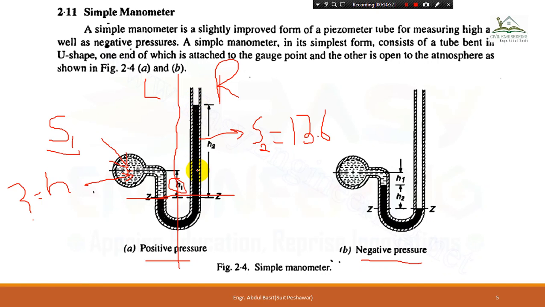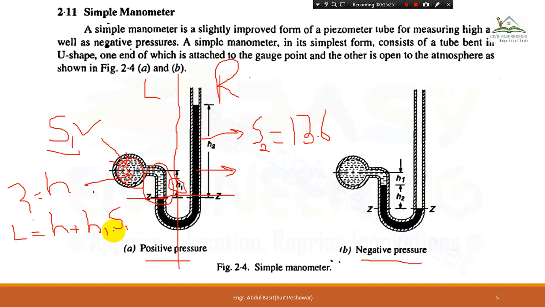So if it is increasing, there is some pressure over here as well. So what will be the equation? In the left side we will have two pressures. Number one, this H, and secondly we will have a pressure in this limb, this part, that is H1 into S1, as this is the same fluid which is present in this pipe, having a specific gravity S1.